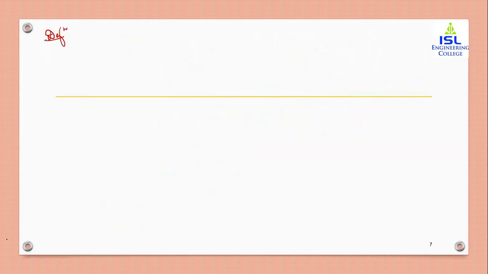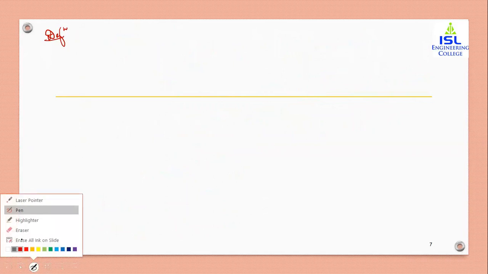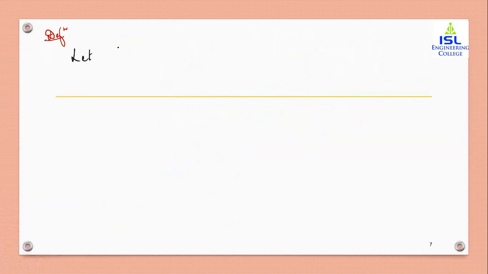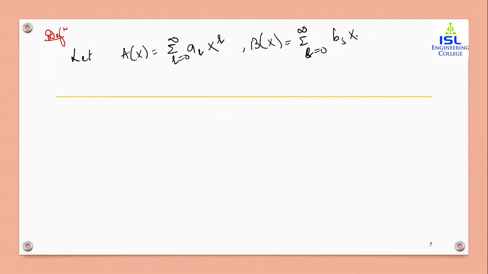Definition. Let a of x is equal to sum over r is equal to 0 to infinity of ar x power r, and b of x is equal to sum over s is equal to 0 to infinity of ds x power s.